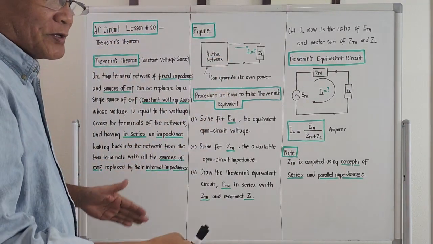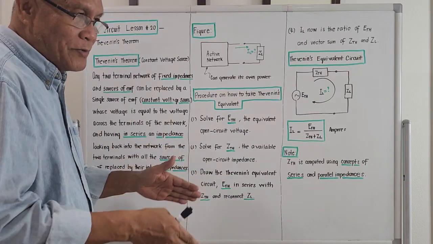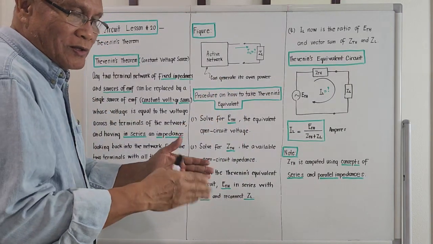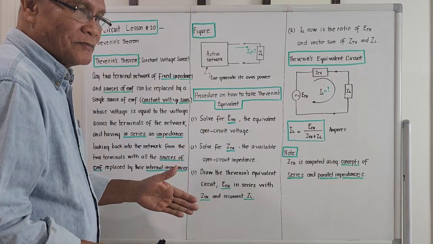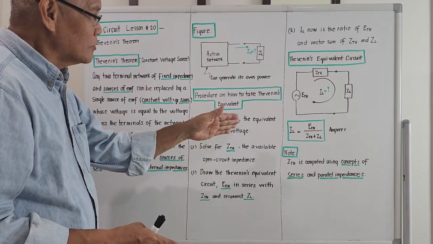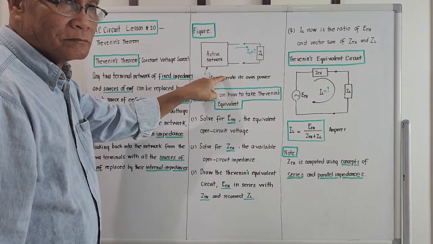So Mr. Thevenin did something on how we will know the parameters inside the active network. What is the voltage source inside? What are the impedances inside? Let's try to bring out the procedure on how to take the Thevenin equivalent of any active network.